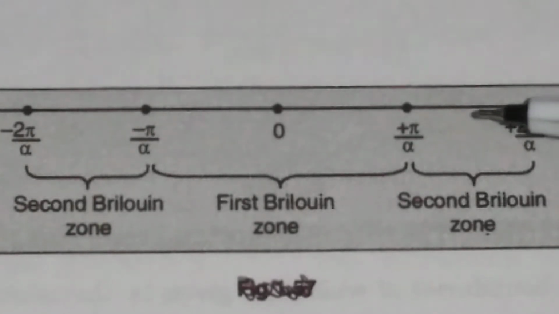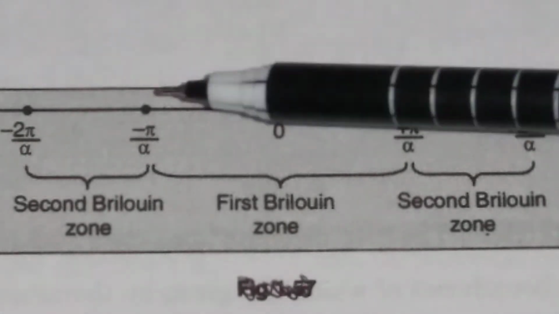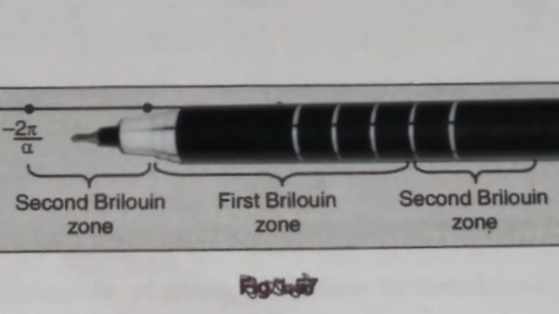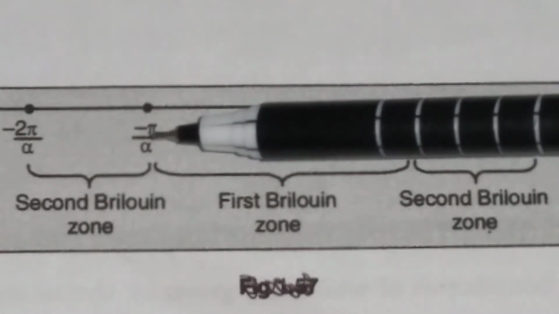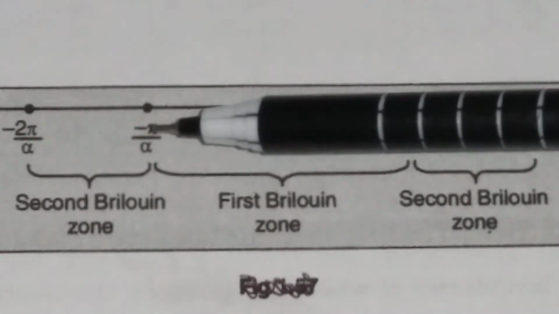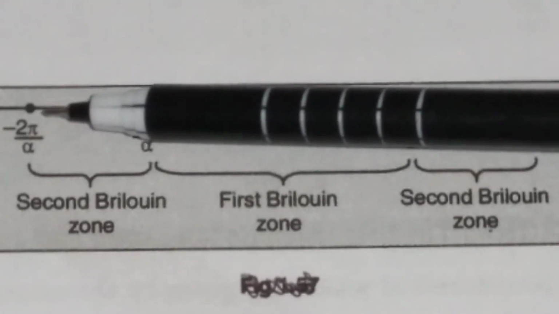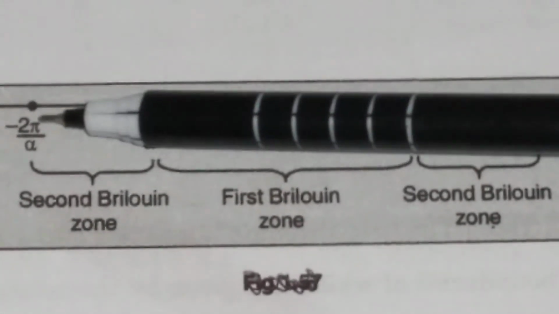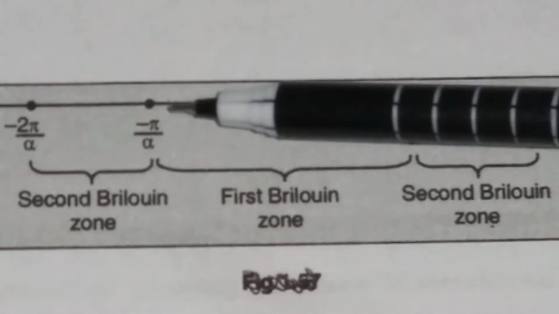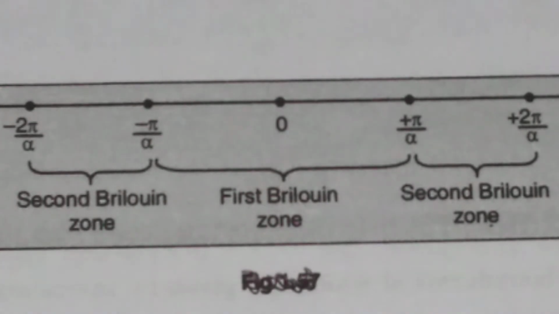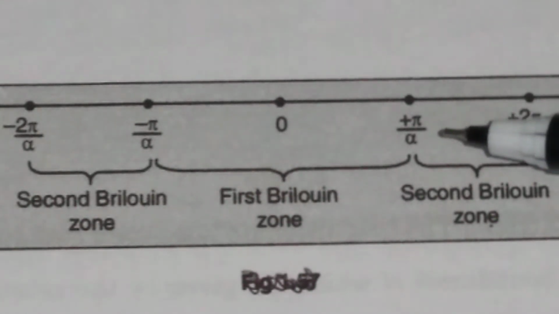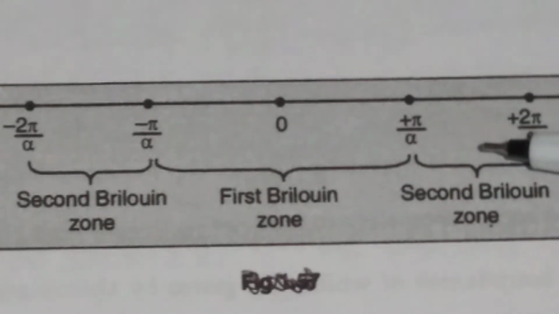Similarly, the region between plus π/A to plus 2π/A and the region between minus π/A to minus 2π/A, this region is called the second Brillouin zone. So this is the first Brillouin zone and this is the second Brillouin zone. Similarly, we can define the third Brillouin zone, the fourth Brillouin zone, etc.